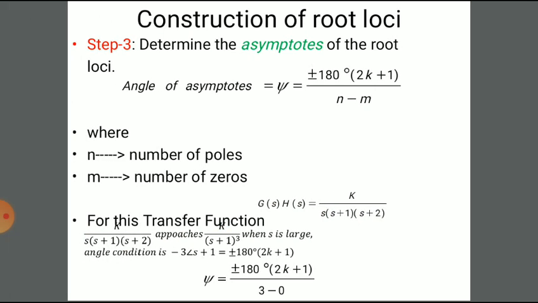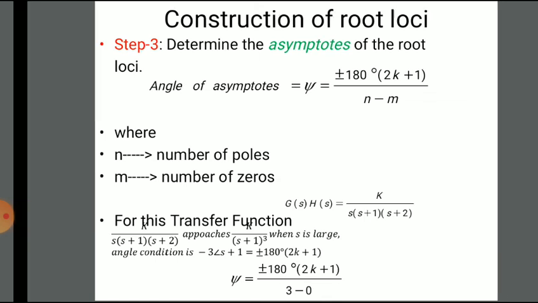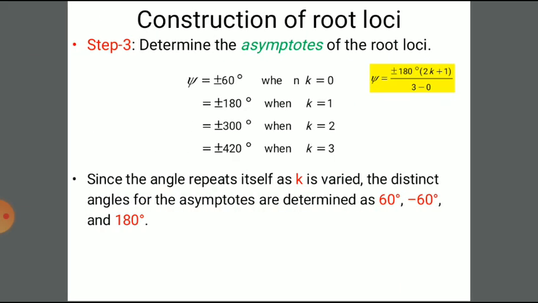Determine the asymptotes. n is the number of poles, m is the number of zeros. The asymptotes are 60 degrees, 180 degrees, 300 degrees and 420 degrees.